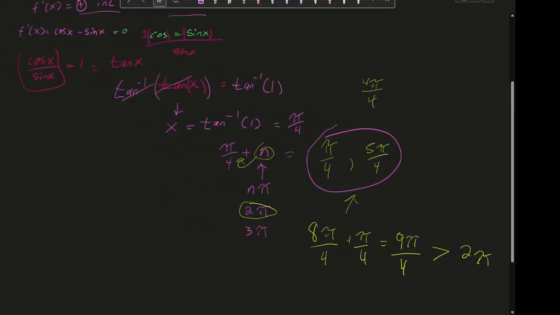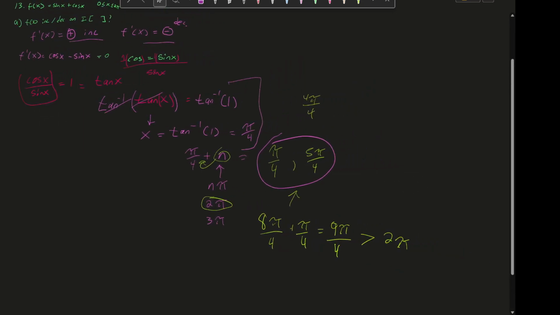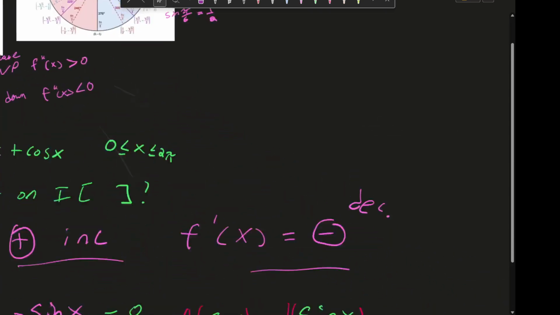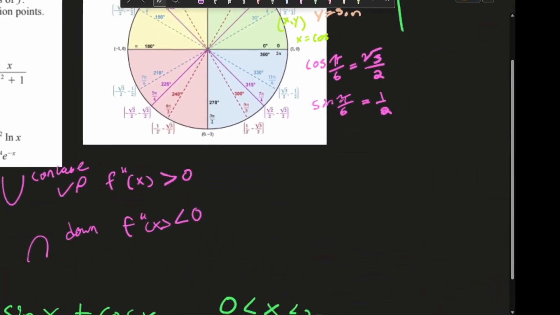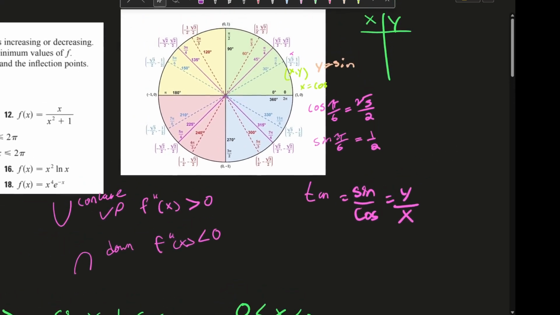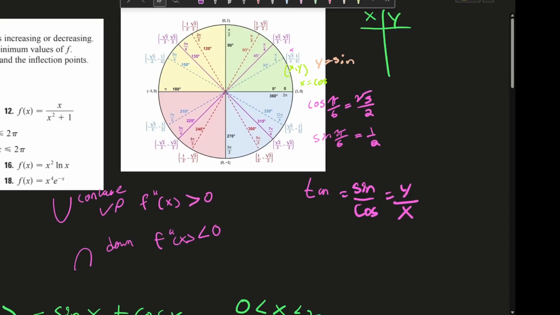And if you want to see visually, without the algebra trig part of calculating that, where you're just taking the tangent inverse, if you look at the unit circle, tangent is sine over cosine, because it's y over x. Sine is y, cosine's x.